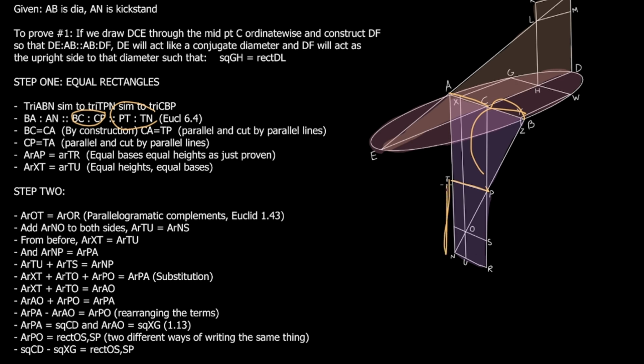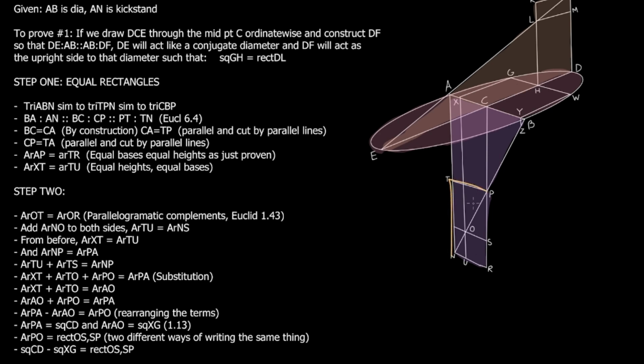And these two lines have the same relationship to these two lines. But we know that CB and PT are equal. So CP and TN are also equal. Those are the unstated steps there.